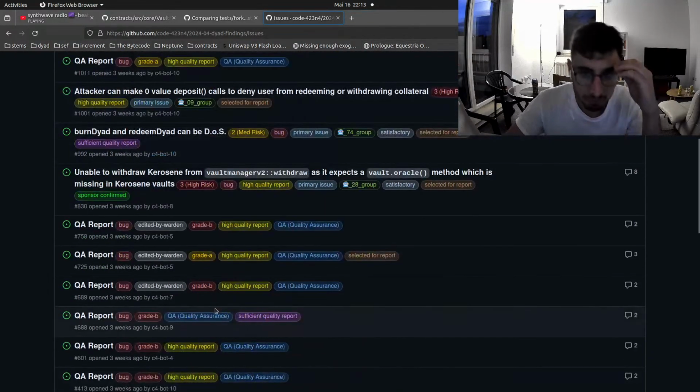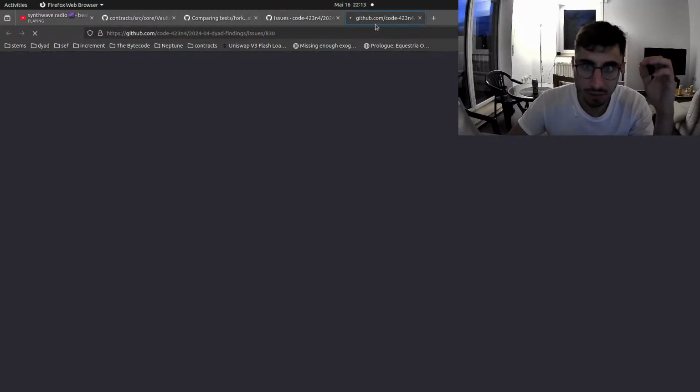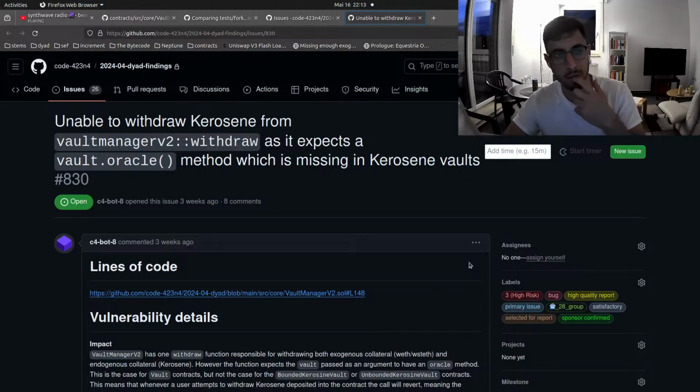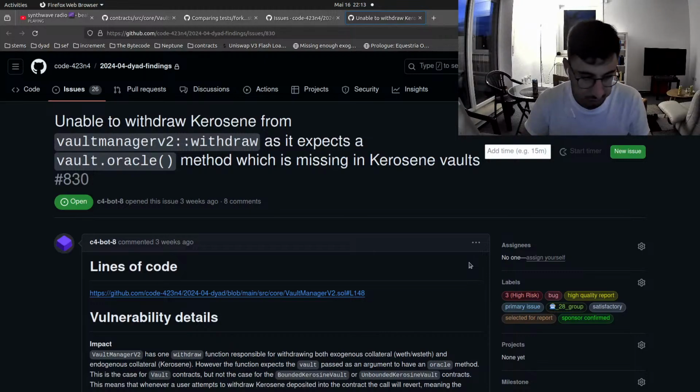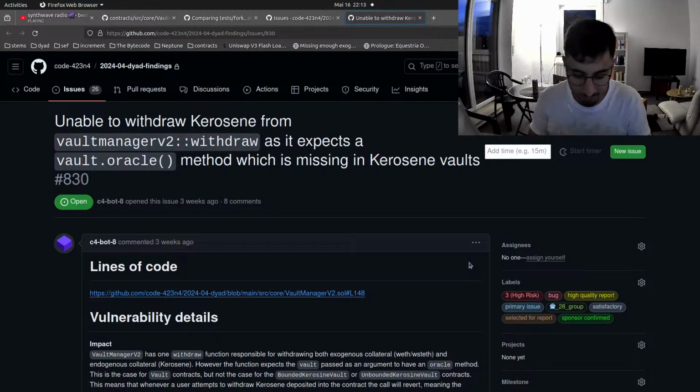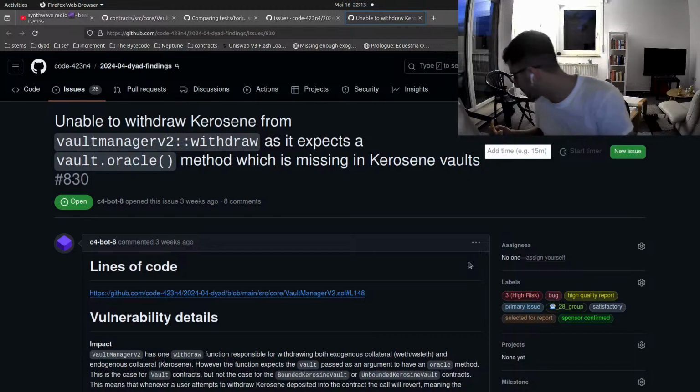Next. Yeah, this was a silly mistake. Unable to withdraw kerosene as it expects an oracle. Yeah, it was like a kerosene vault didn't implement the interface correctly.